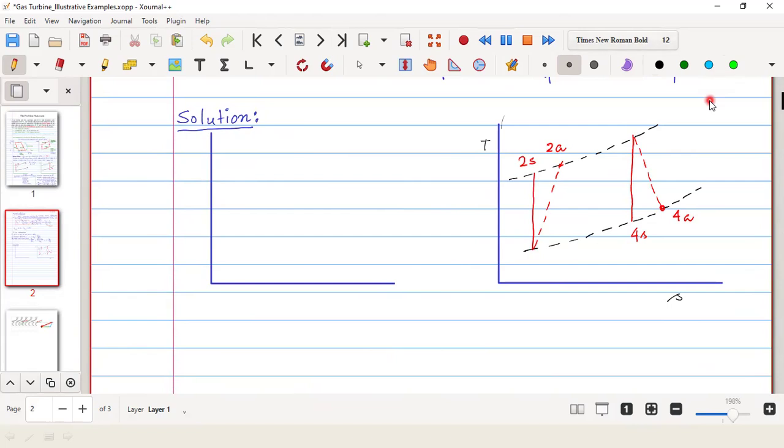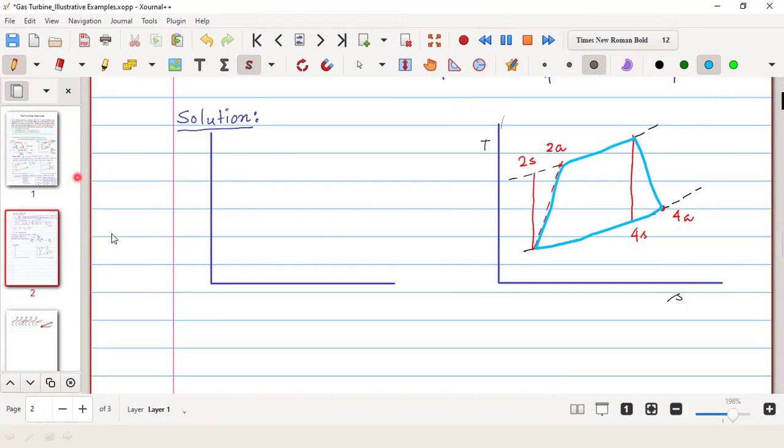If we draw the cycle with some other color, it will be like this, so this will be the actual cycle.